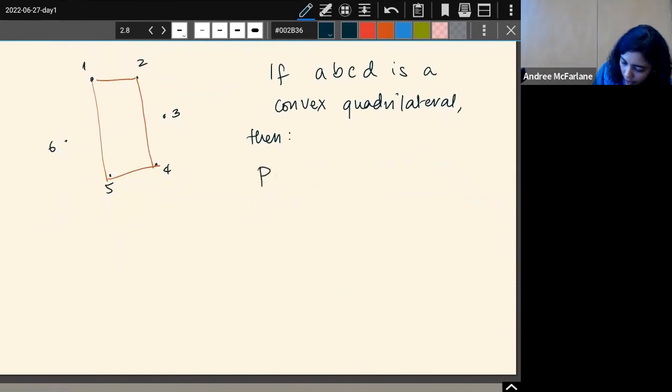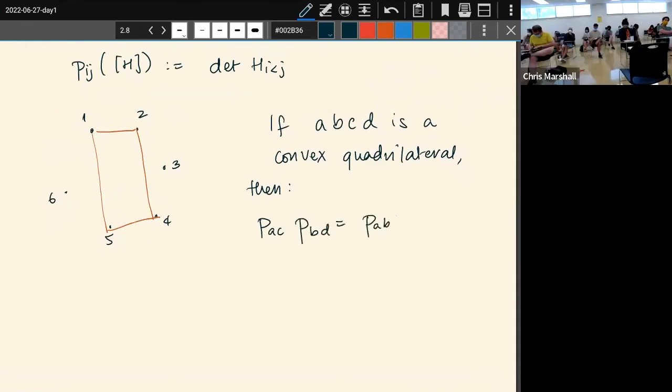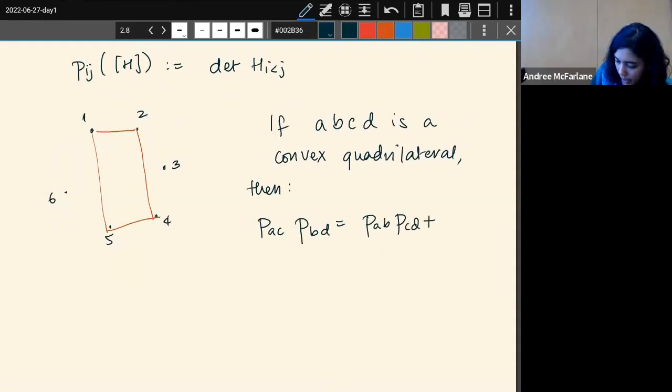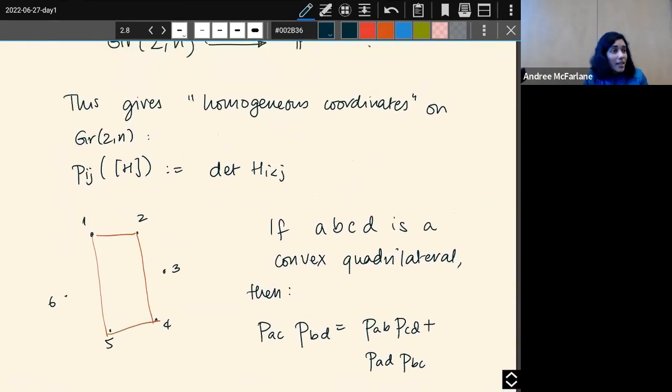So P_AC P_BD equals P_AB P_CD plus P_AD P_BC. And this is something about determinants of a 4 by 2 matrix. This you can check by hand. And this is true for every choice of 4 coordinates.